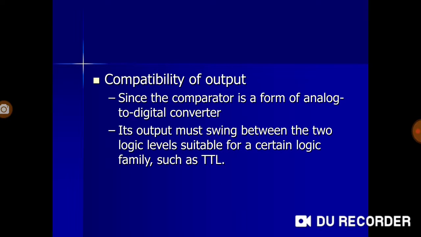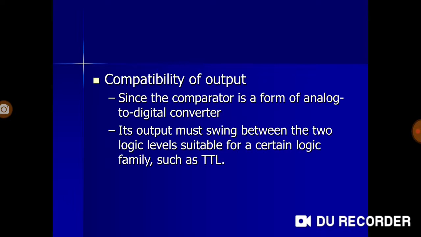Next is the third and last characteristic, compatibility of output. Compatibility means it is adapted to something, or it is suitable for functioning or operation. Now, compatibility of output matters because a comparator, we know, is a form of analog to digital converter. Input is analog and the output is digital, as we have seen with the circuit.